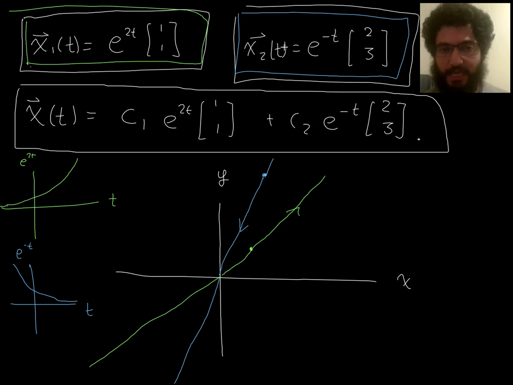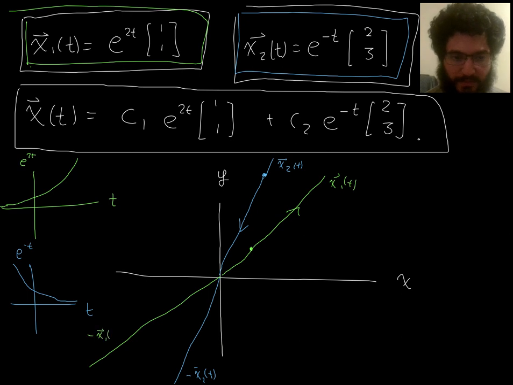Then I would be looking at the negative of x2. So this blue ray here is like x2 of t is that trajectory, and then this blue ray is the negative of x2 of t. And this green ray is x1 of t, negative x1 of t.